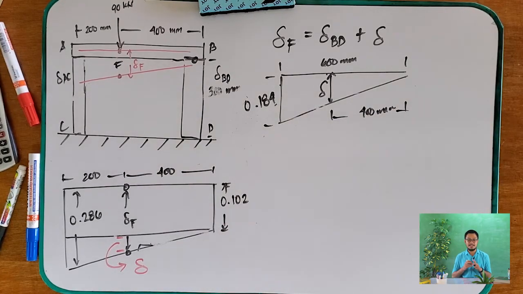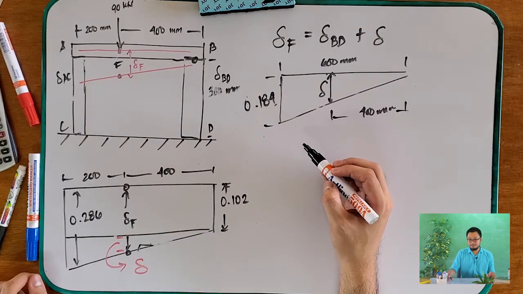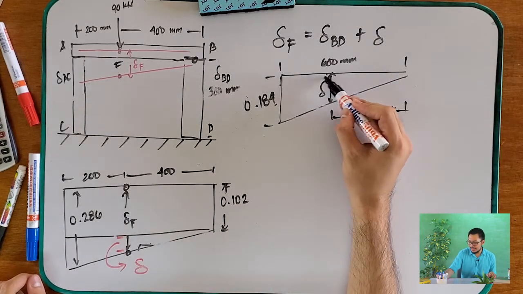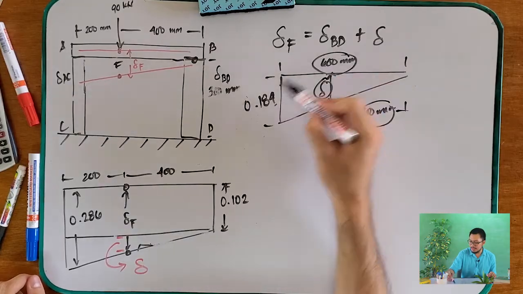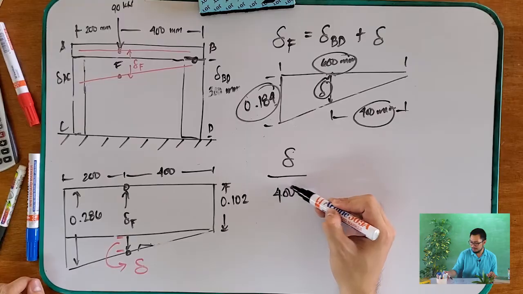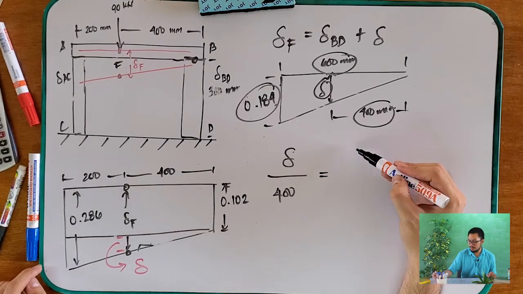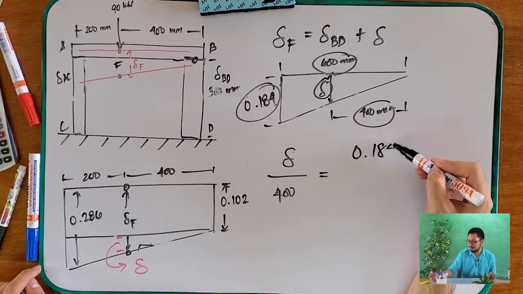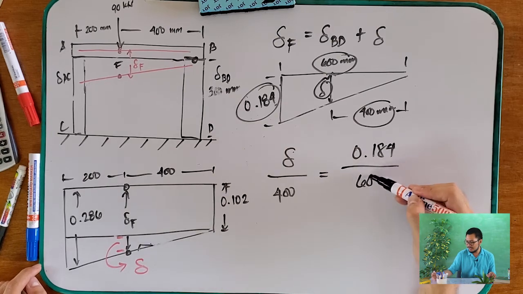So, what can we say? These are similar triangles. So, what you will do is slope. Okay? So, this pair and that pair. Delta over 400 is equal to 0.184 over 600.